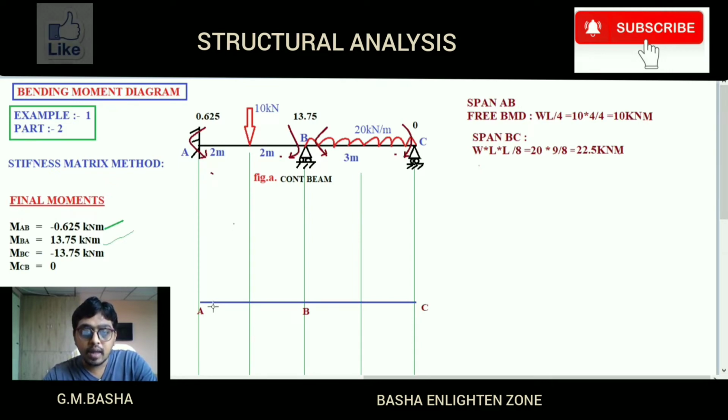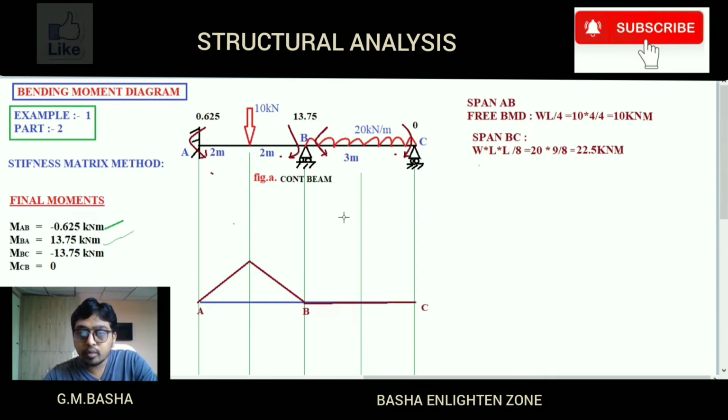See here, I am at this 0 position. So this is the shape of the free BMD for point load, which will be a triangle. So here I am drawing the triangle. Again, for this one it will be a parabola. So here the ordinate point will be 10.